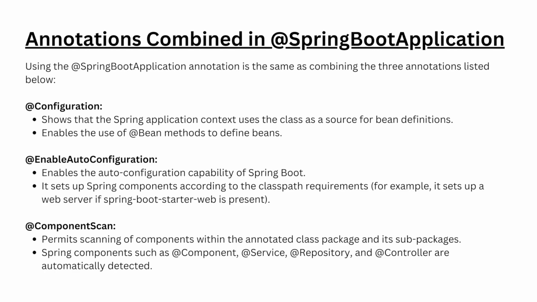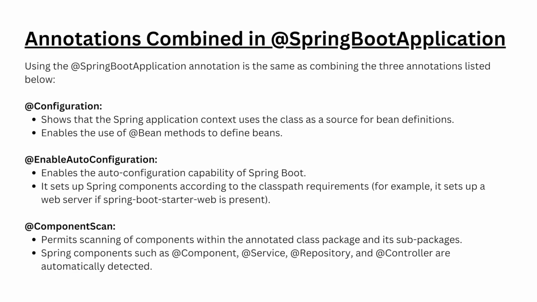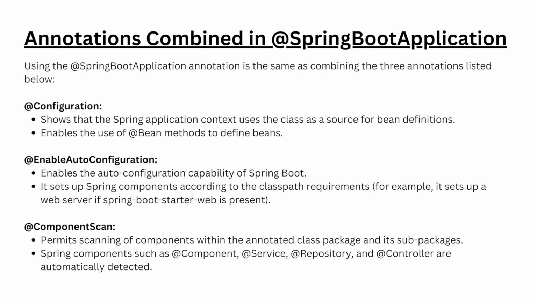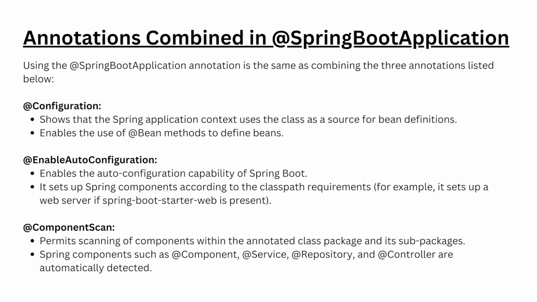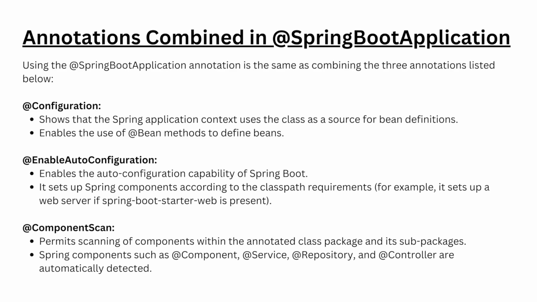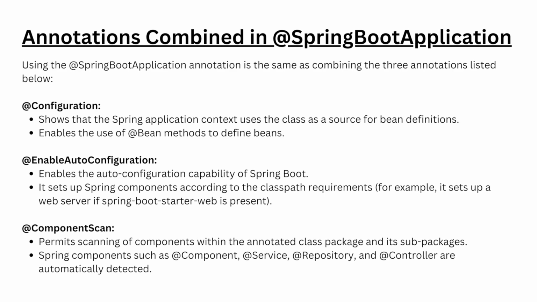EnableAutoConfiguration we have already talked about, because this enables Spring Boot's auto configuration feature. It automatically configures Spring components based on the classpath dependencies. So this is a very heavy feature.